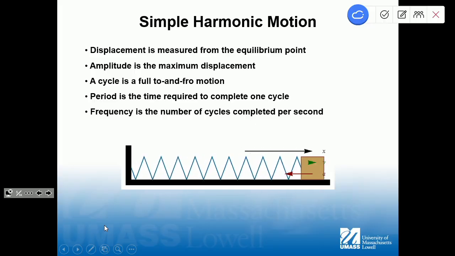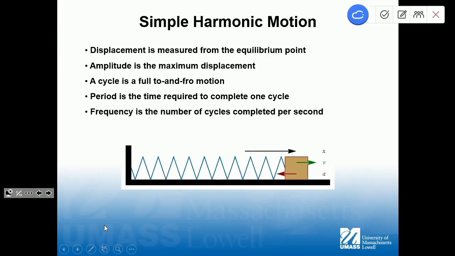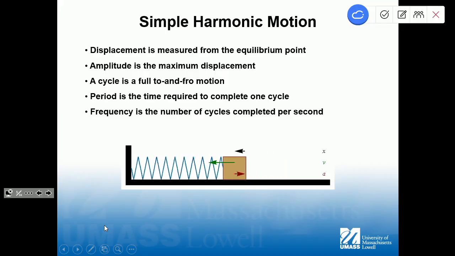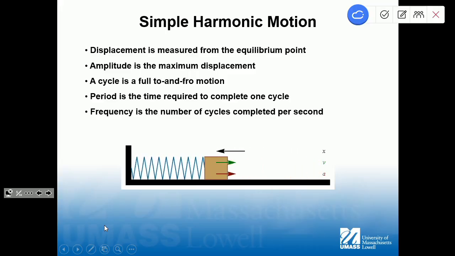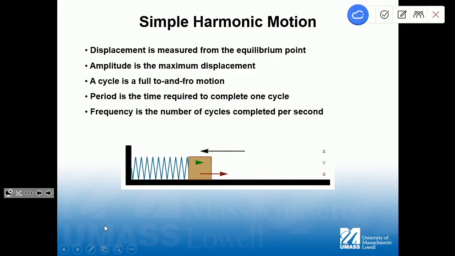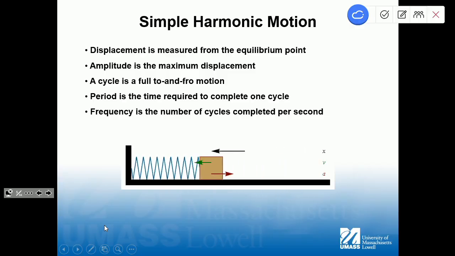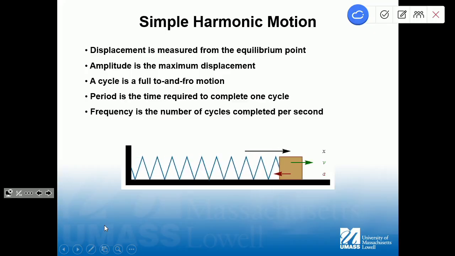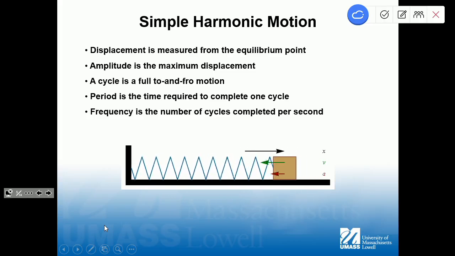And if you notice the green arrow, its size is changing, its direction is changing constantly. During this entire motion, that green arrow, which is representing V, is continuously changing, which means this system is accelerating. However, if you look at A, that is also constantly changing, so this system is undergoing non-constant acceleration.